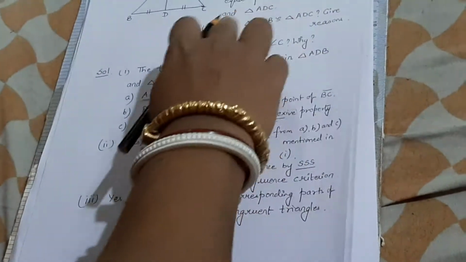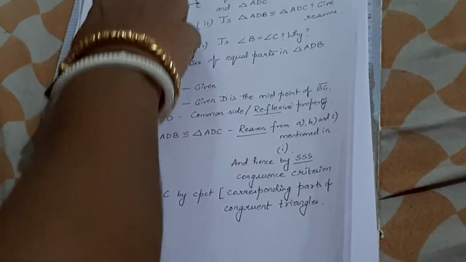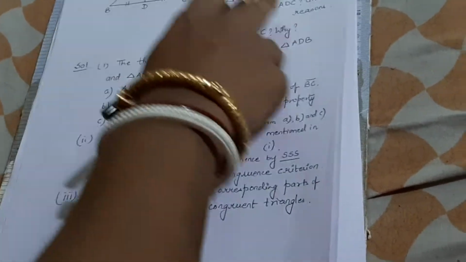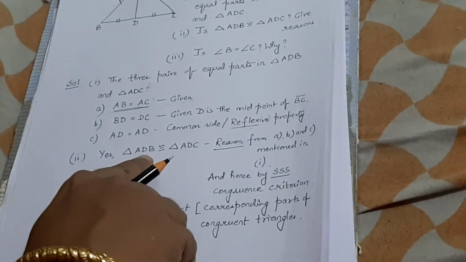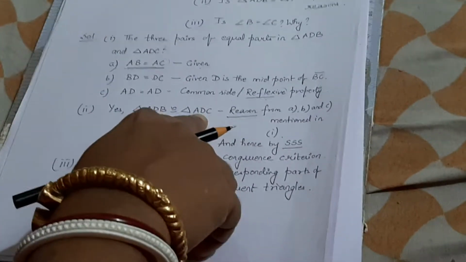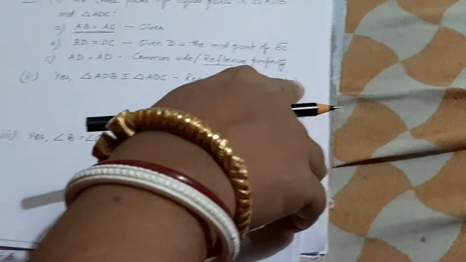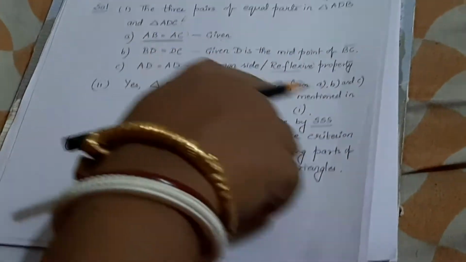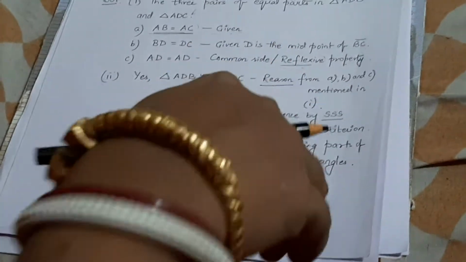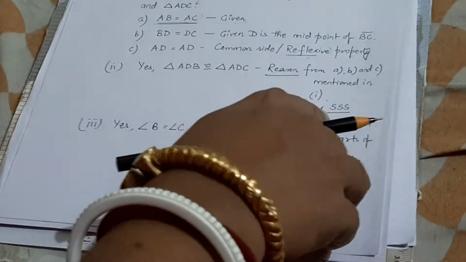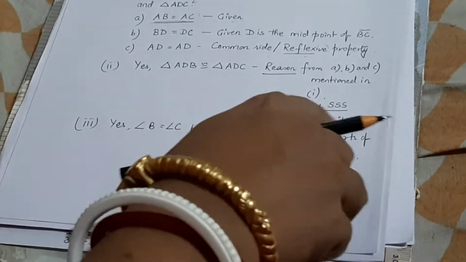Now the second one, is triangle ADB congruent to triangle ADC? Give reasons. So I have written yes, triangle ADB is congruent to triangle ADC. What is the reason? Reasons from the first part, which I have already mentioned, and hence by SSS congruence criterion.